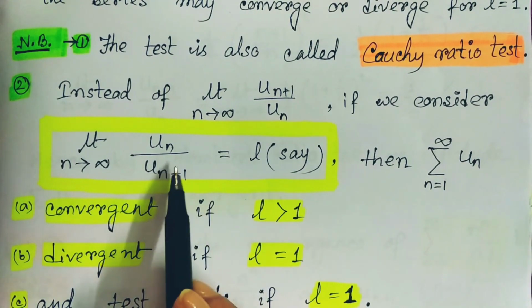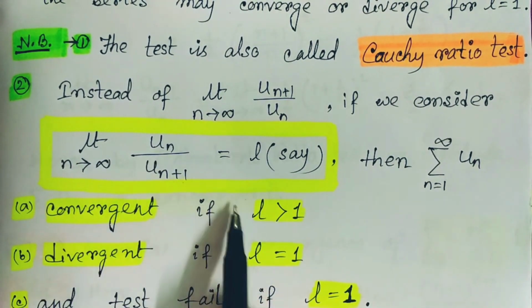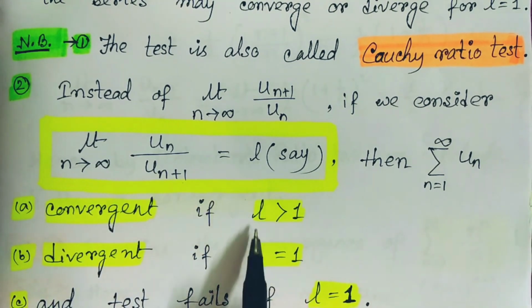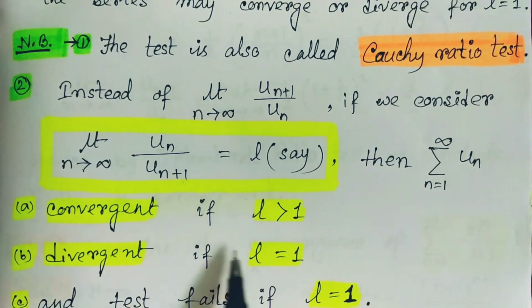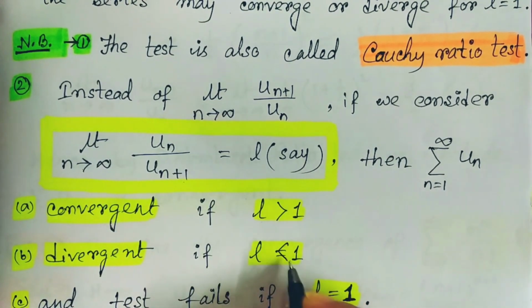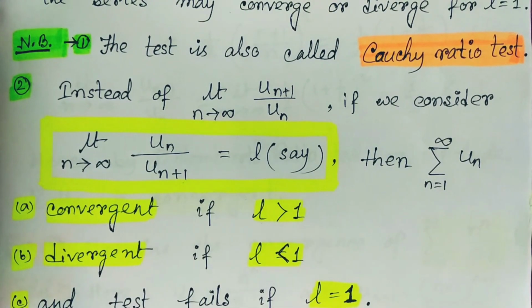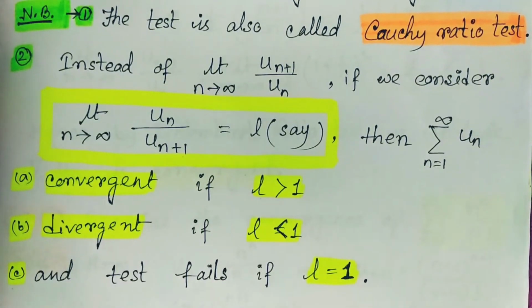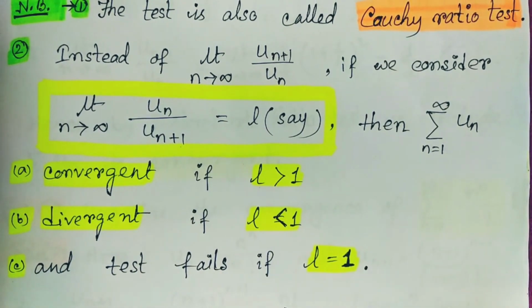That means now if we consider un divided by un plus 1, then if L is greater than 1, the series is convergent, and if L is less than 1, then the series is divergent. Okay, and definitely if L equals 1, then the test fails and we require further analysis. For this further analysis we are supposed to apply the comparison test.